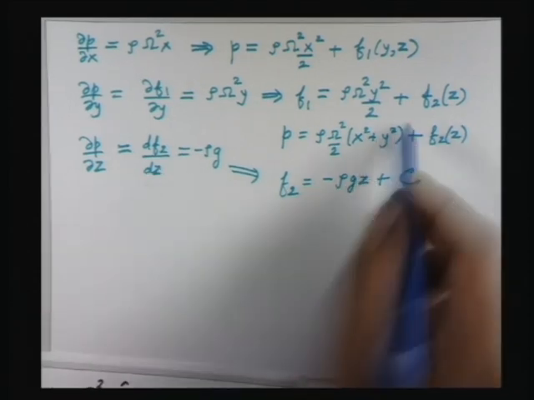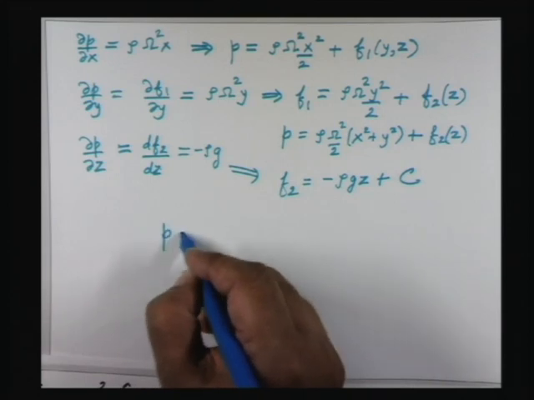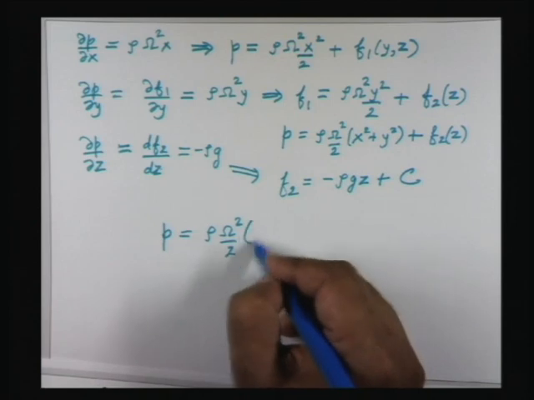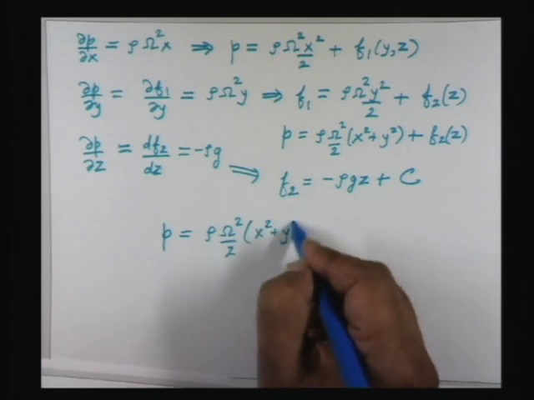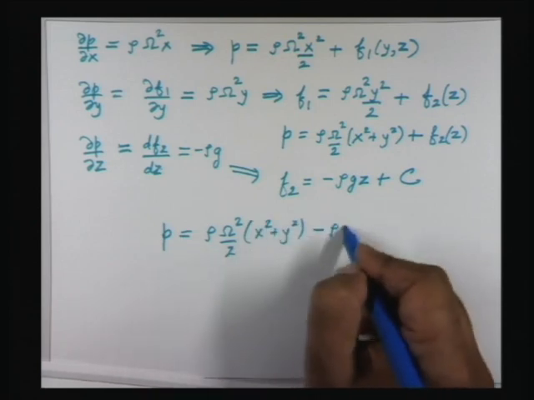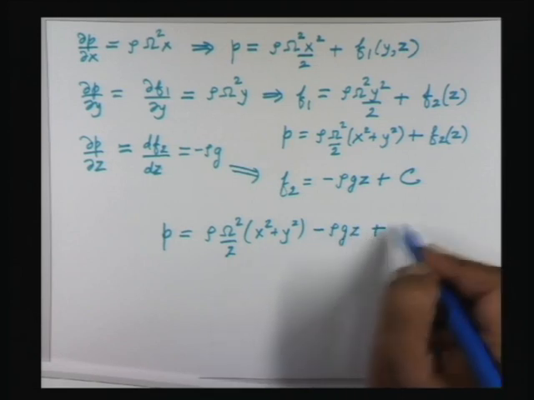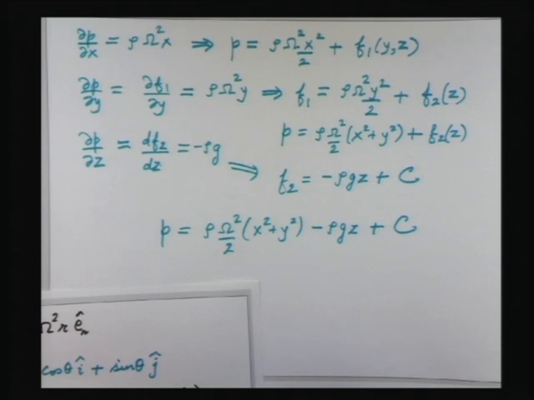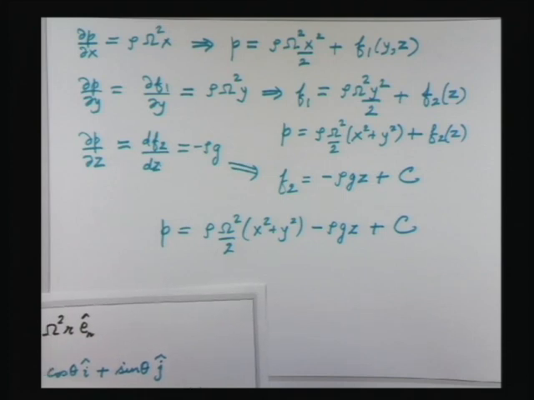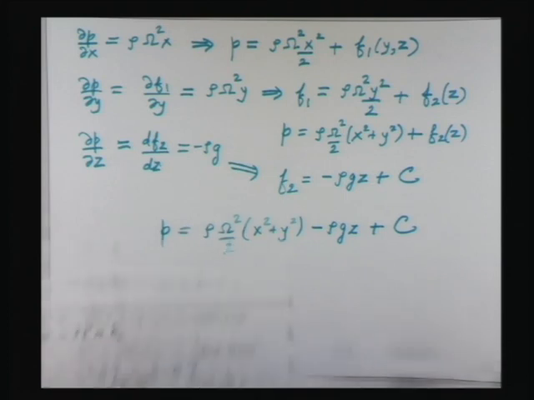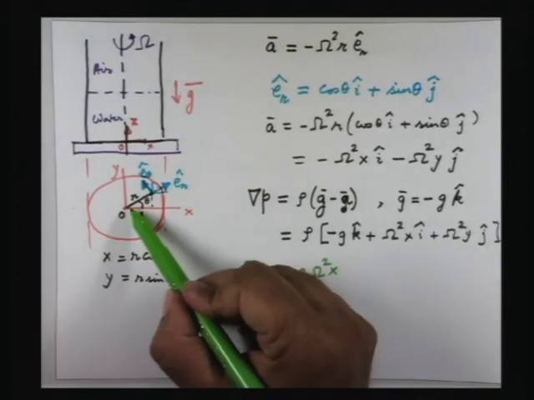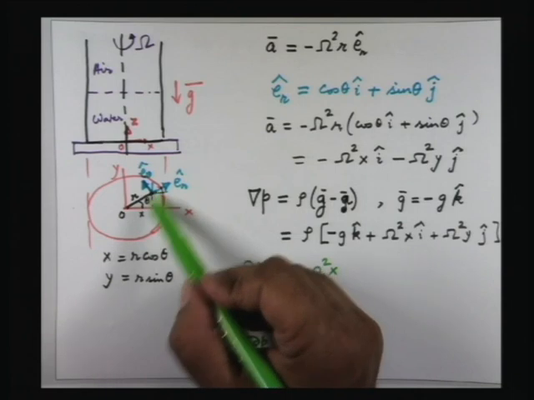So if we go back and substitute over there, we have p is equal to rho omega squared by 2 times x squared plus y squared minus rho gz plus a constant. Now if you want to switch to polar coordinates, r is the radius, so r squared is x squared plus y squared.